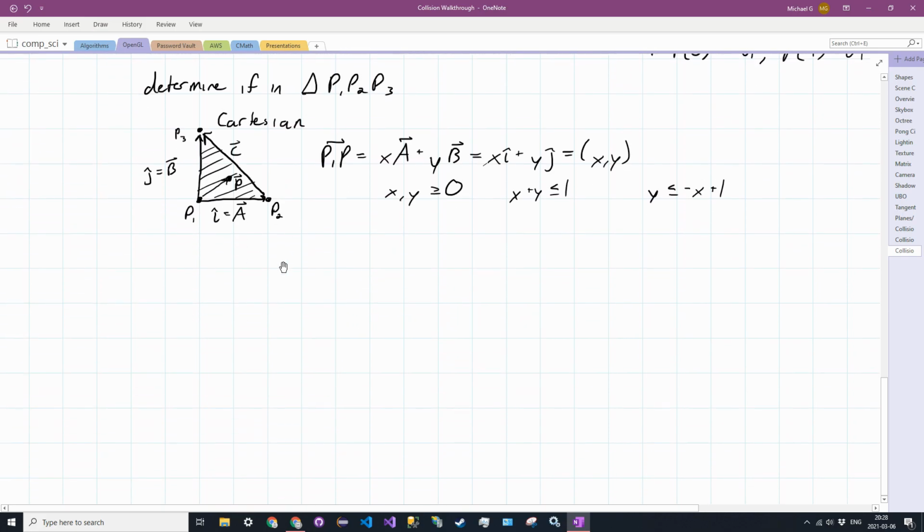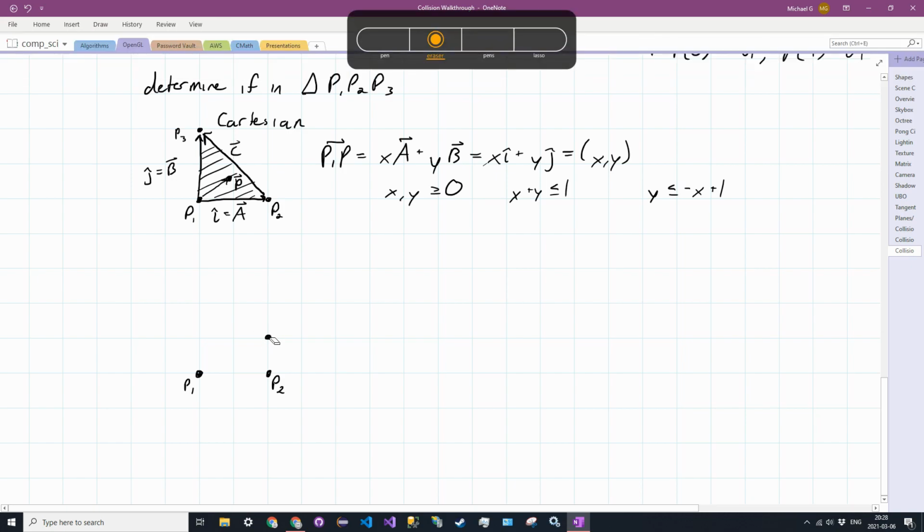Now, this is entirely generalizable. Let's look at the general case. So we have P1, and P2 is out here, and then P3 is right here.